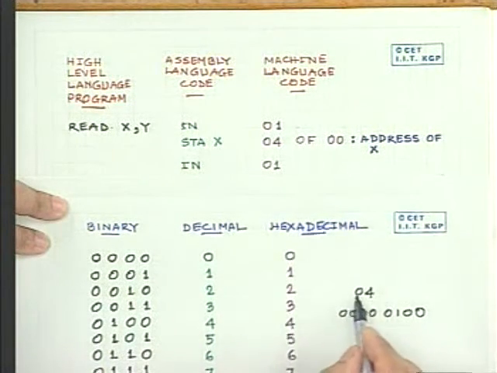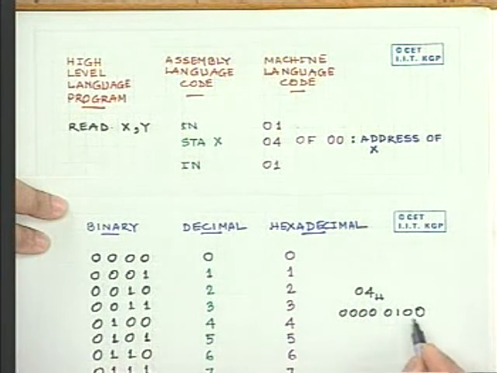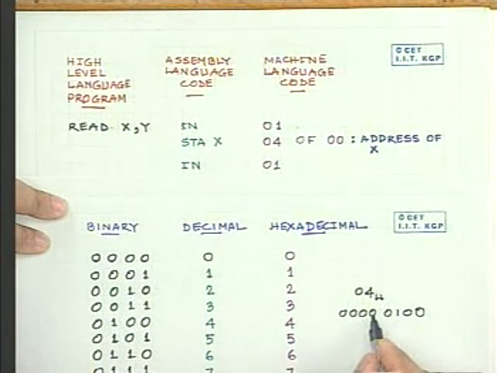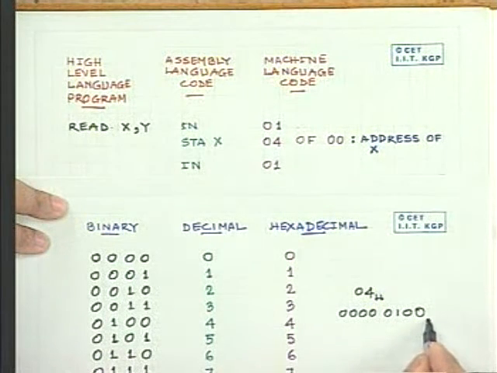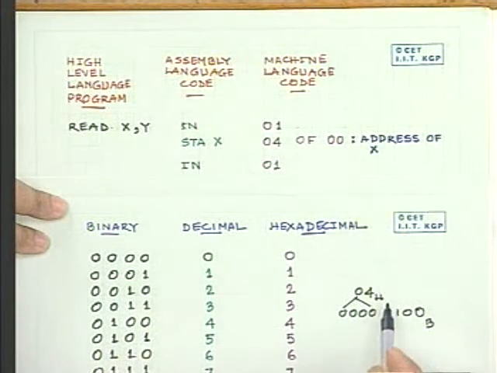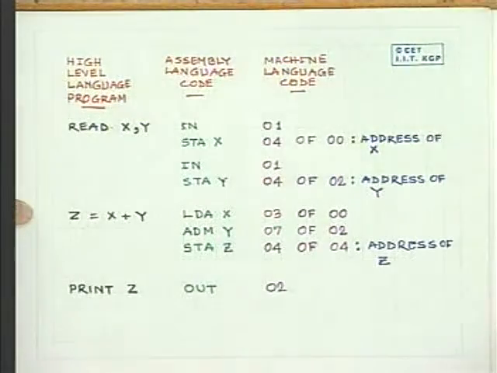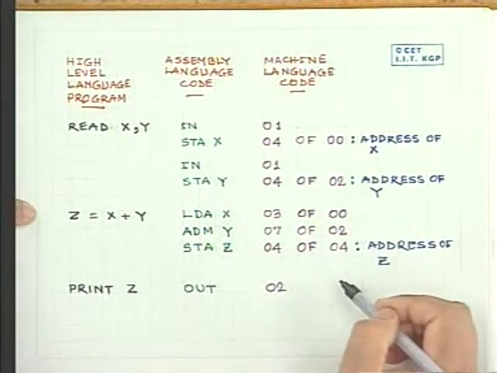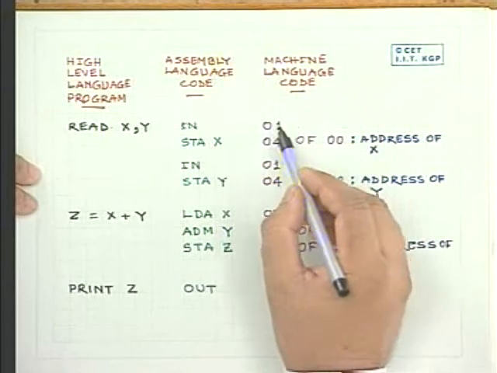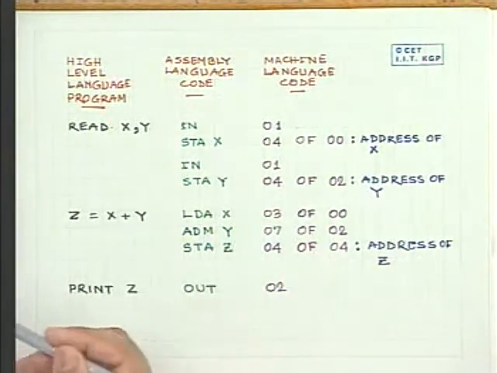Therefore, when I say that 0, 4 in hexadecimal, this turns out to be 0, 0, 0, 0, 0, 1, 0, 0 in binary, an 8-bit binary. Each hexadecimal is mapped into a 4-bit binary. That way is what I have represented the machine language code.